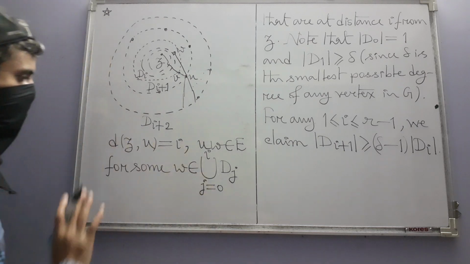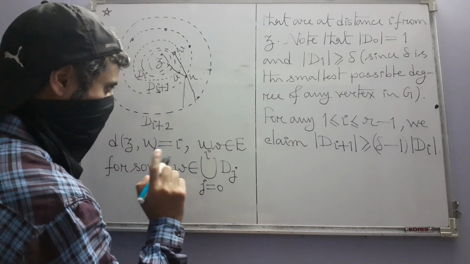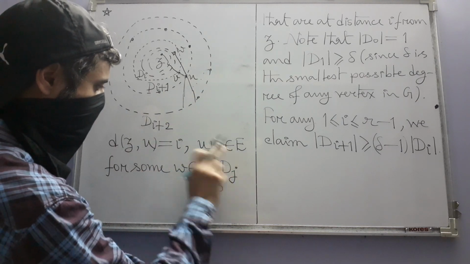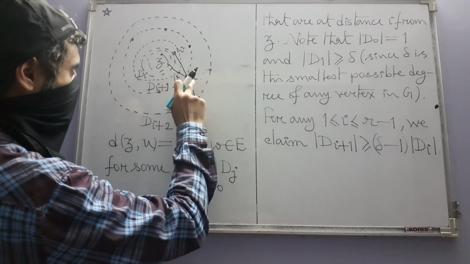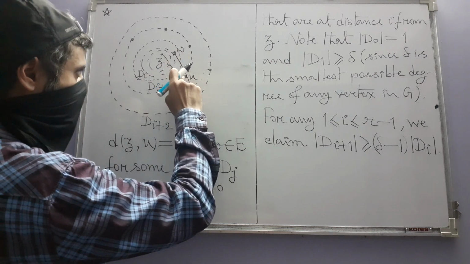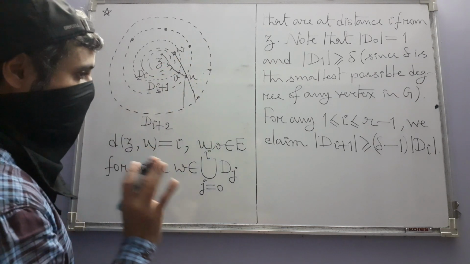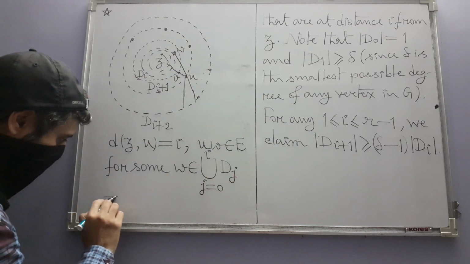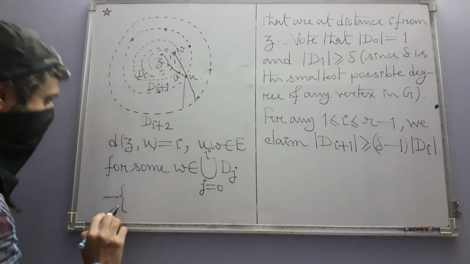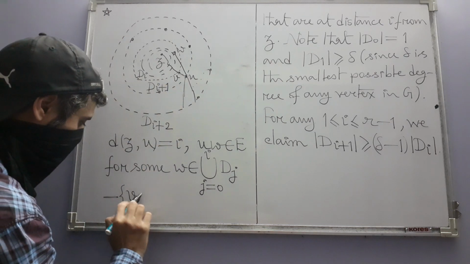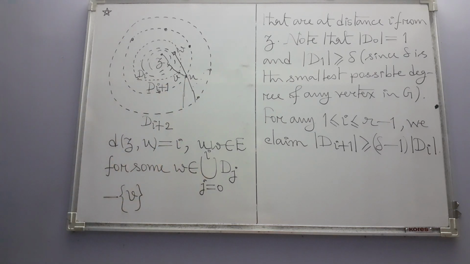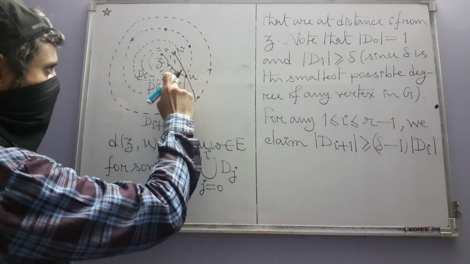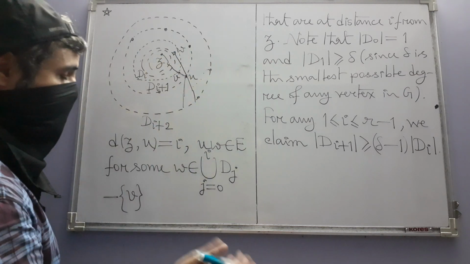Okay, so suppose this is the thing. But at the same time, since we are considering the level d_i also, there is a chance that this W may coincide with V. That's not what we are trying to suppose. So we remove this V from this choice, so that even if W belongs to d_i, it is not equal to V.